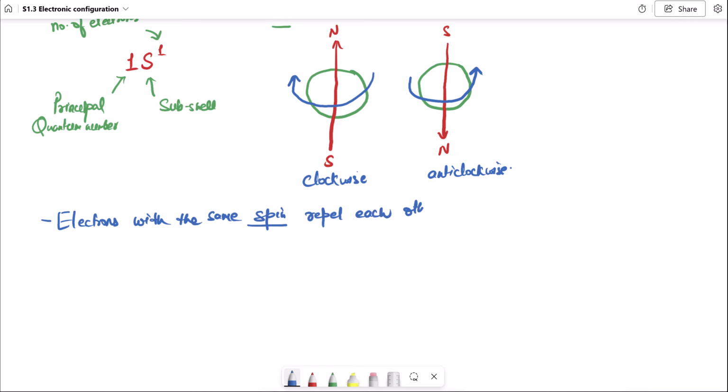That is why one electron moves clockwise and another moves anti-clockwise. We can call this spin pair repulsion.